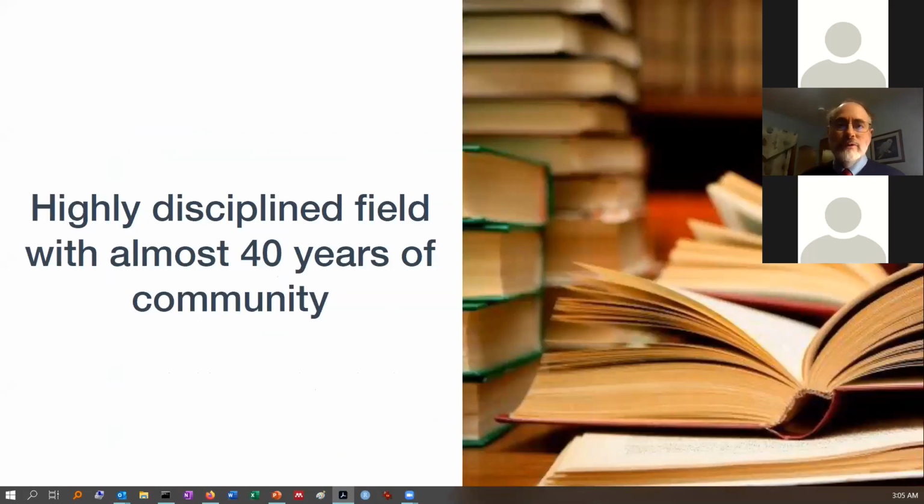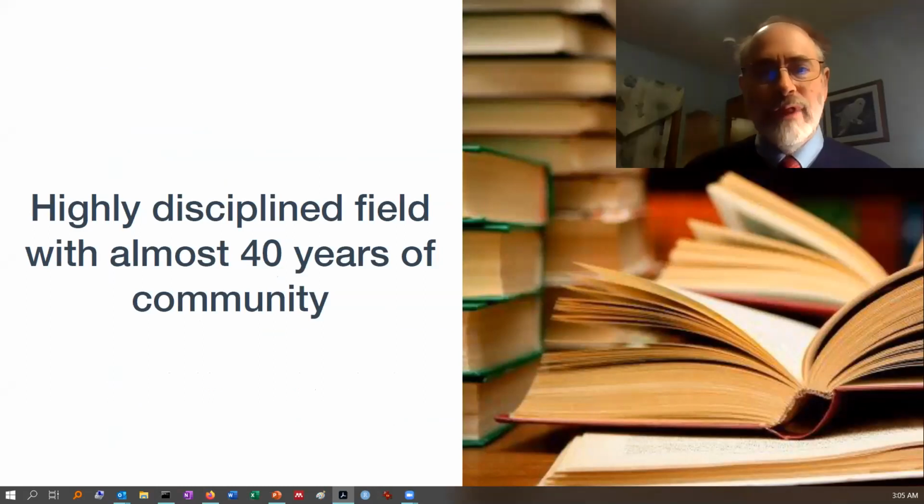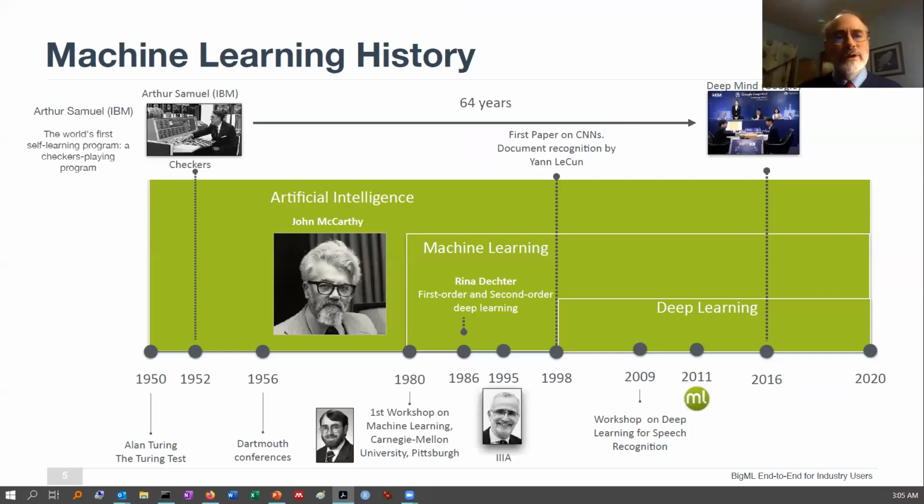Machine learning, I think, has been operating as a coherent academic field for the last 40 years. But you can really trace its history back to the very early days of artificial intelligence. Alan Turing, of course, in the 1940s and 50s, speculated about the possibility that we could program a computer to be intelligent.